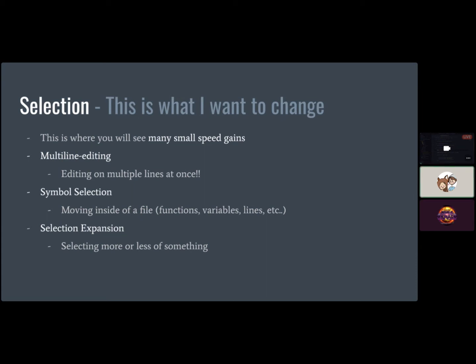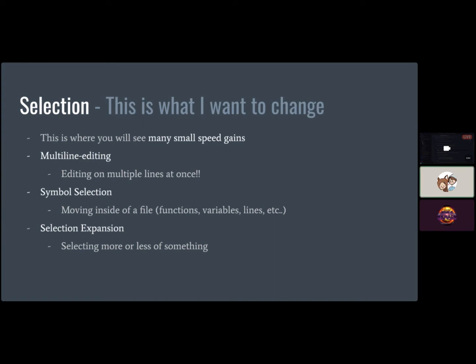This isn't going to be as massive a game changer as the navigation examples that I've shown above, but you can leverage these tools to see many small speed increases that will add up over time.